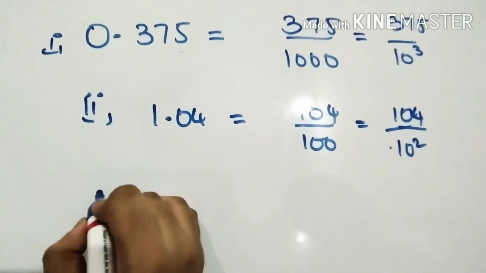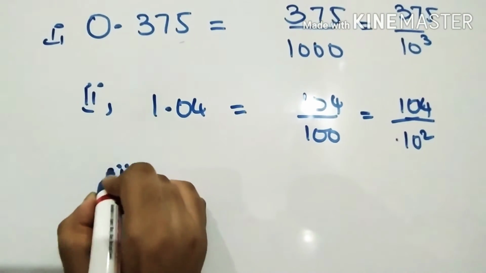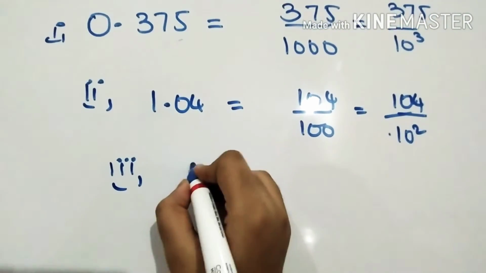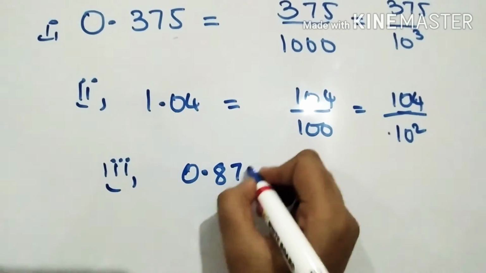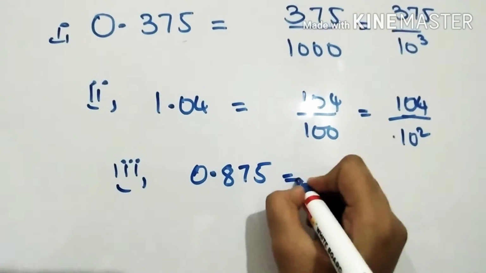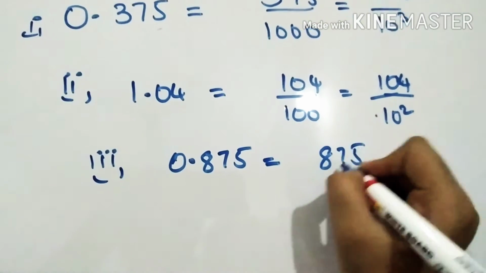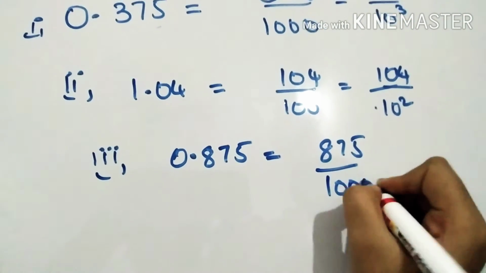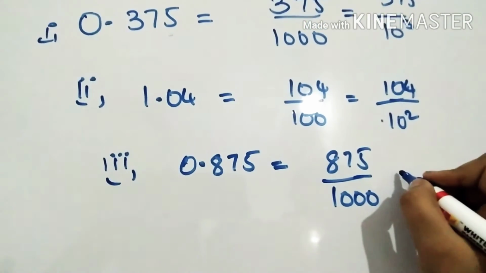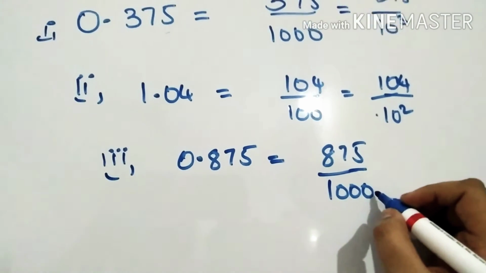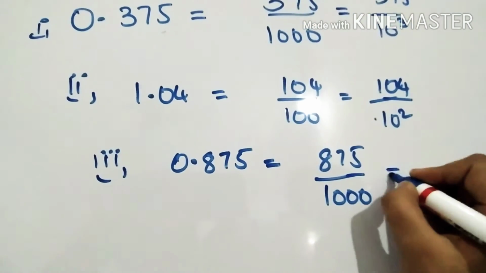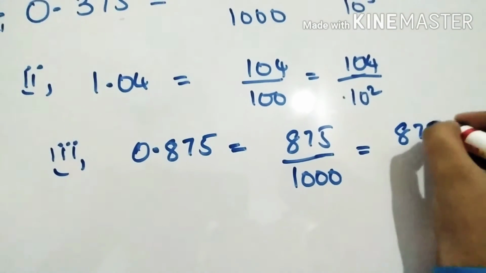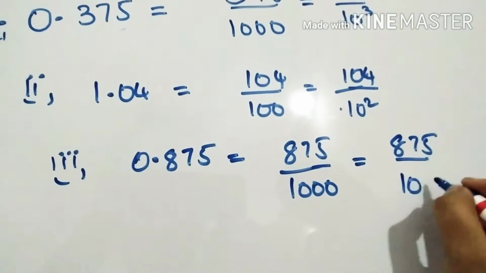Third one is 0.875, which is 875 by 1000, which is 875 by 10 cube.